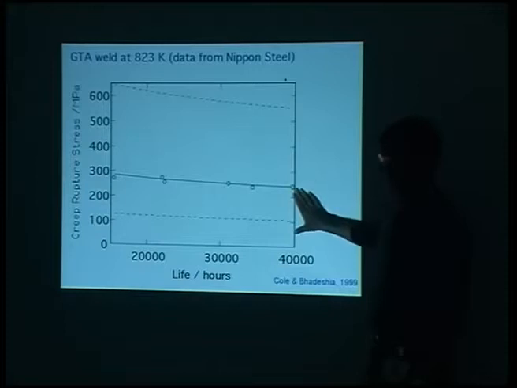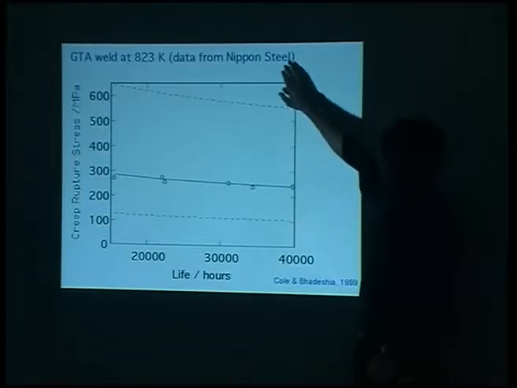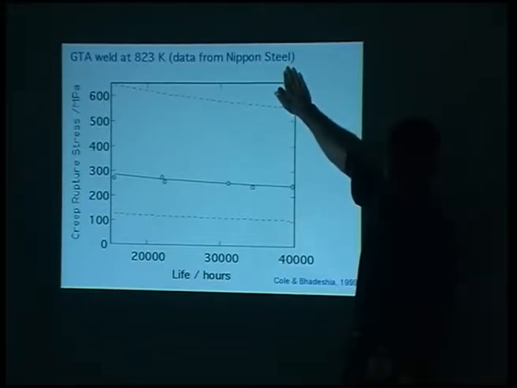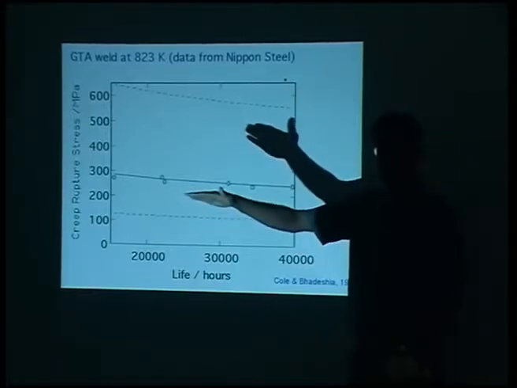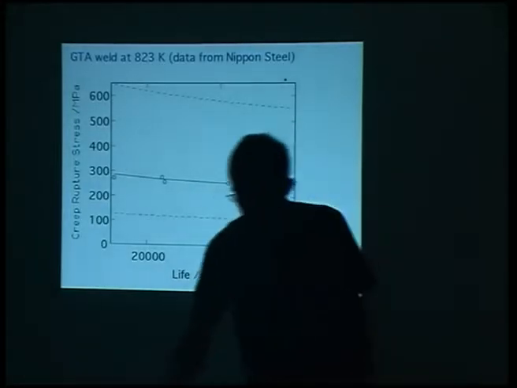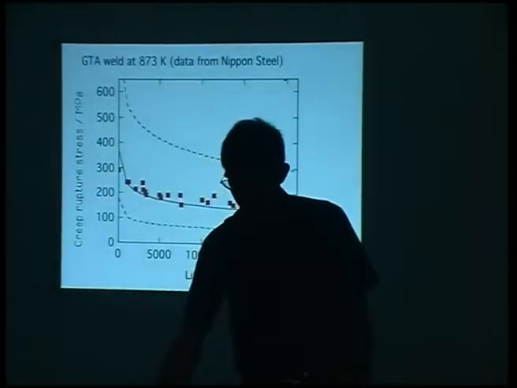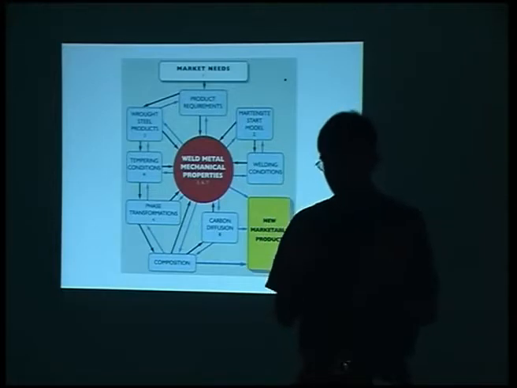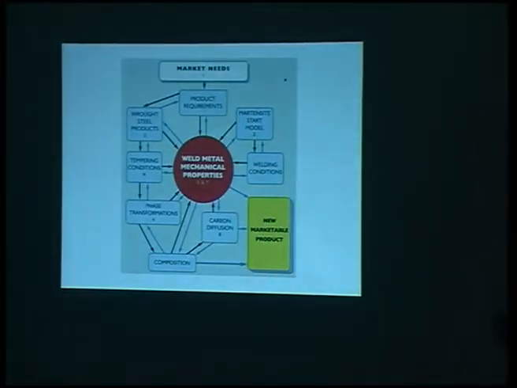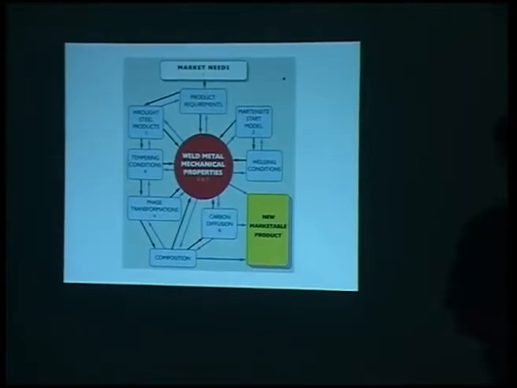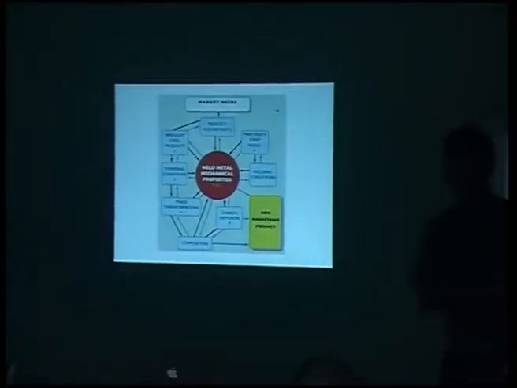And the uncertainties are very large because we are working with a new alloy that was developed by Nippon Steel. Nevertheless, the predictions are good because the trends of the model are correct. And similarly, here's another set of data. I could go on and show you cases of success and of failure. So I'm going to show you a case of failure now because that's more interesting.